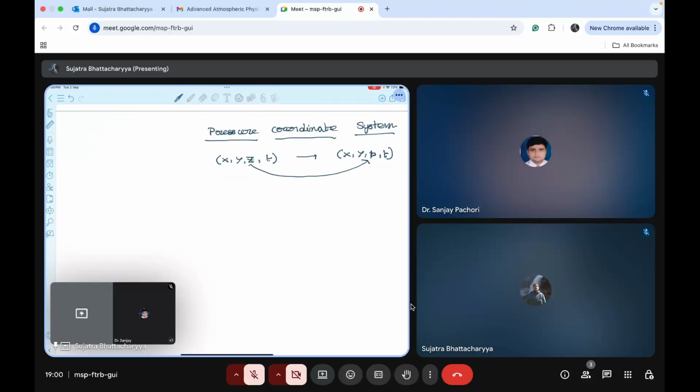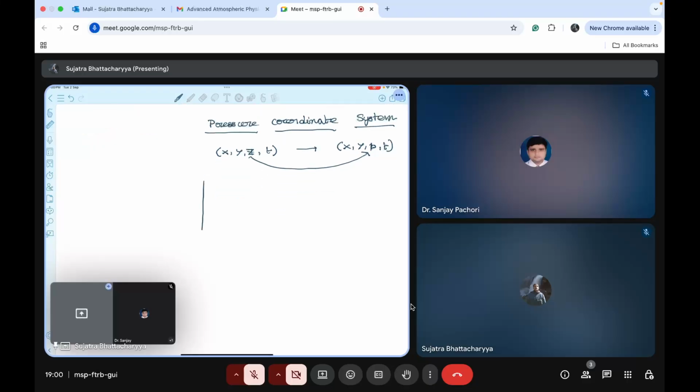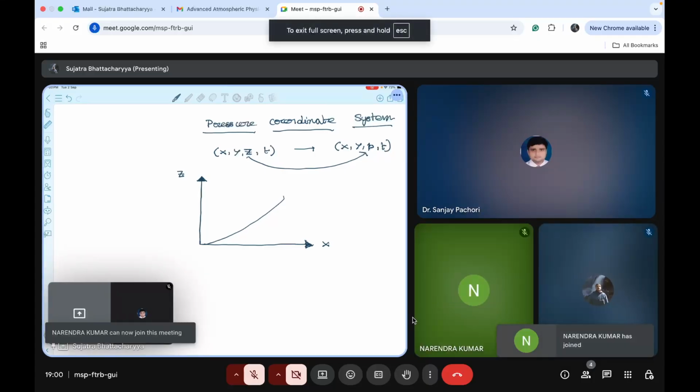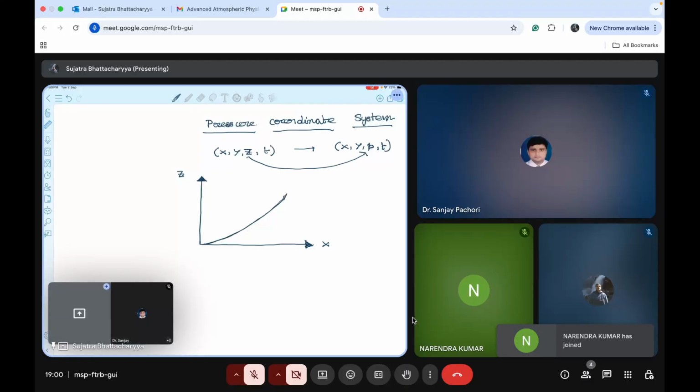So what happens is that suppose you have this. This is the horizontal direction. You can take it as x or y, whatever. And this is z. Suppose a variable remains constant in this path, some Q which is constant.